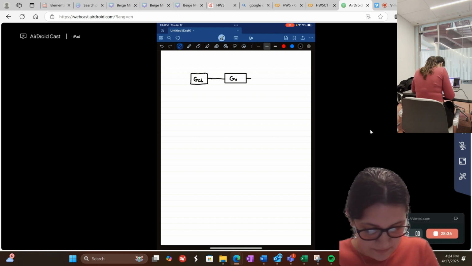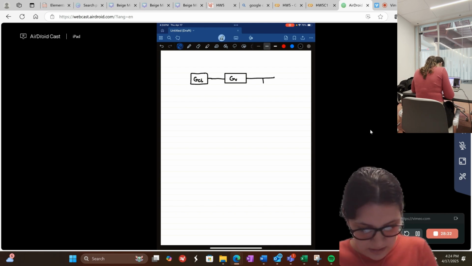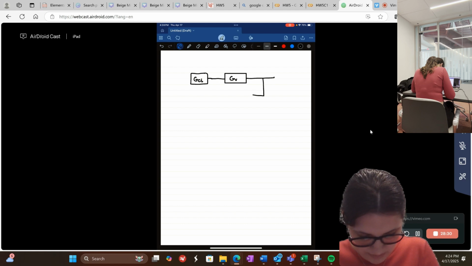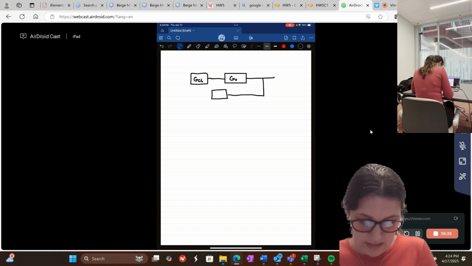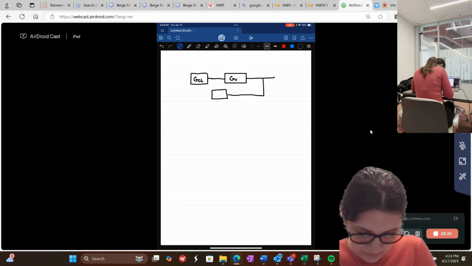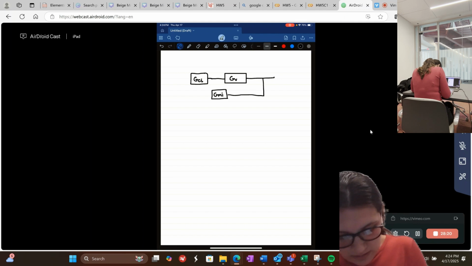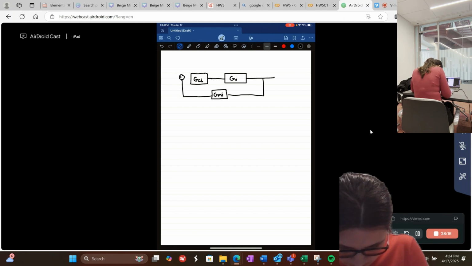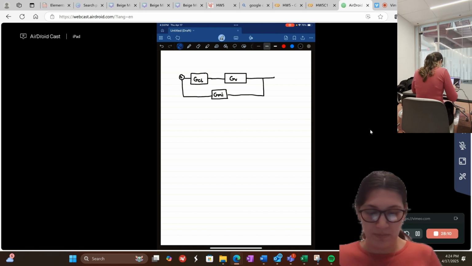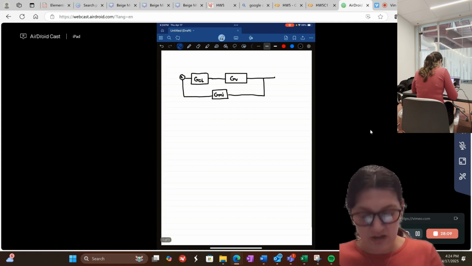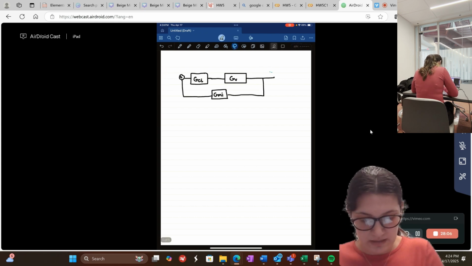You would have some stream going out, and then it would circle back around and be measured. In this case, we're going to assume that it's 1, but there would be an inner measurement. This would come back around and be fed into something to compare it to. And then there we have our inner loop.